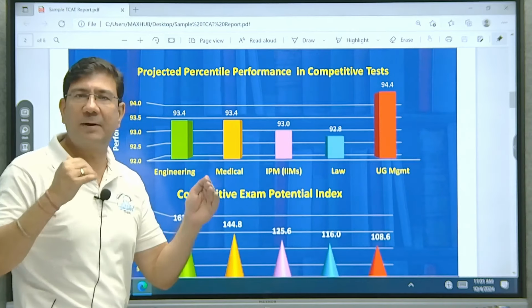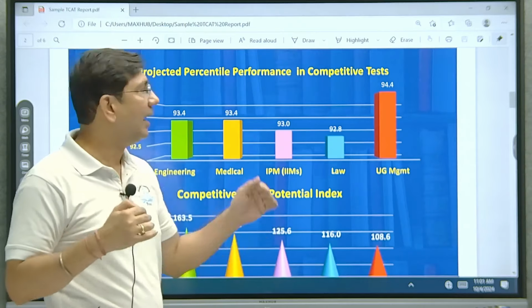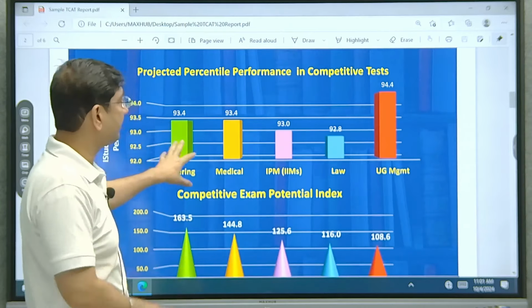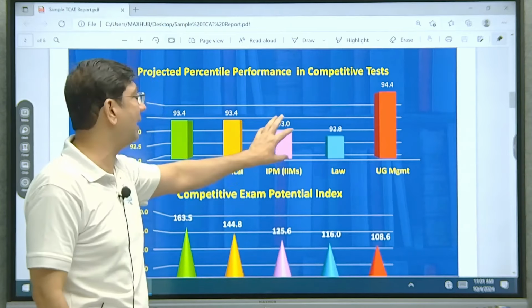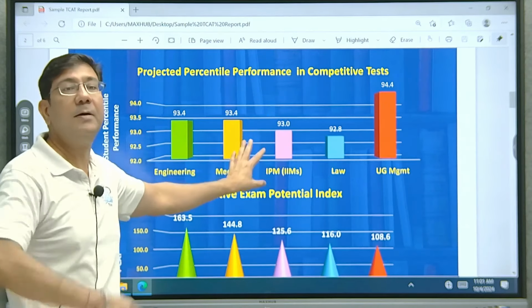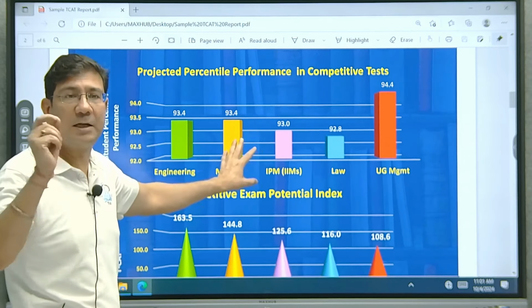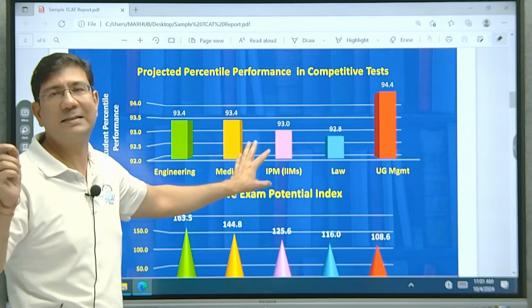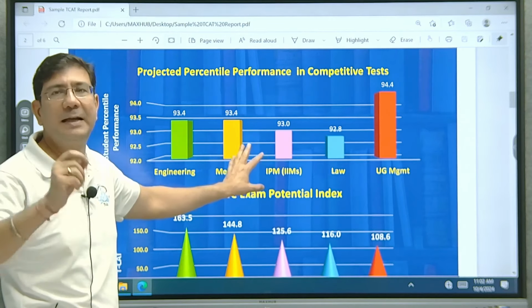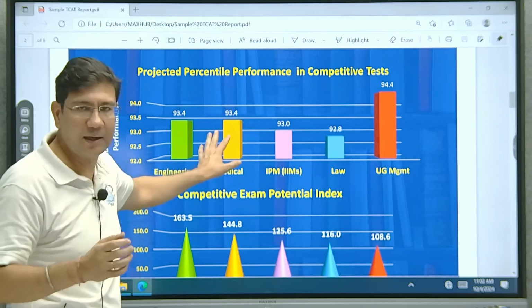So for example, let's say by end of this year, about 5,000 have taken this examination. And if your child is at, let's say, 93 percentile for IIMs, that means the child has performed better than 93% of people who took this examination, or will be taking this examination, basing on the subjective performance of the child.